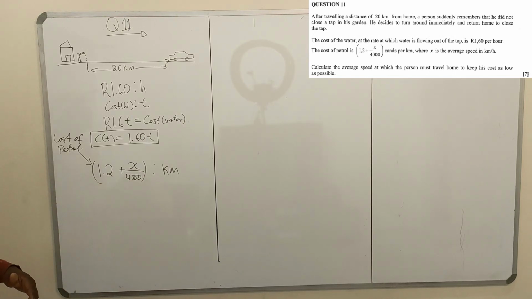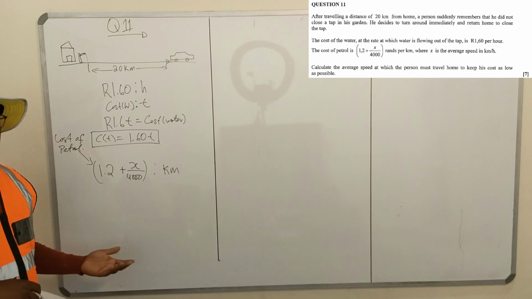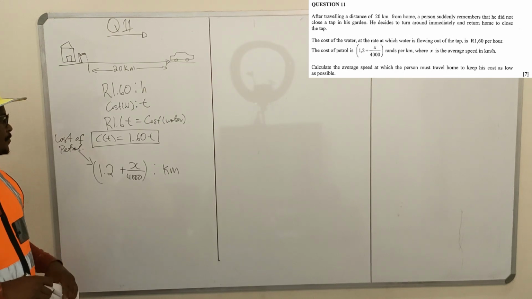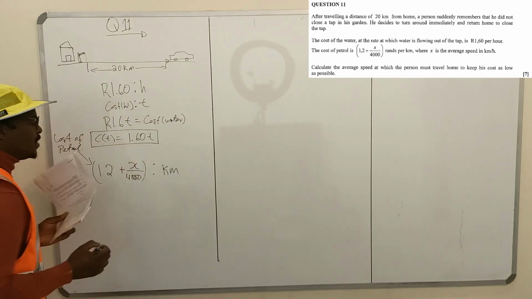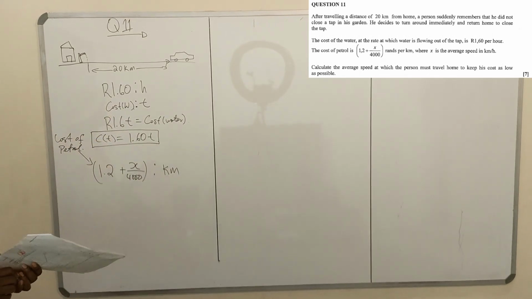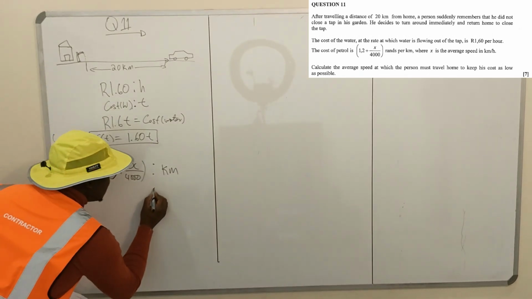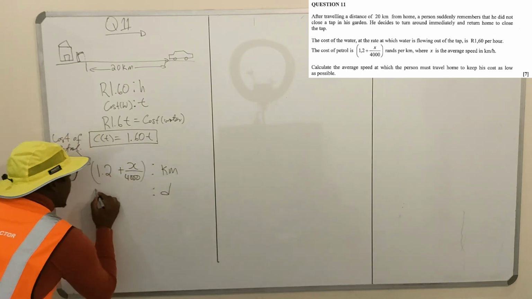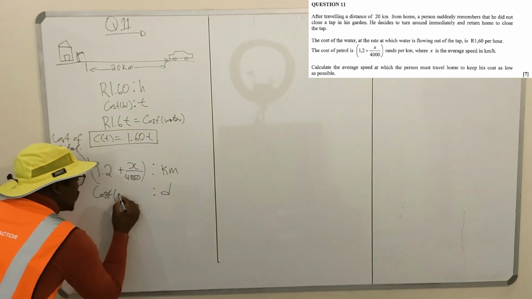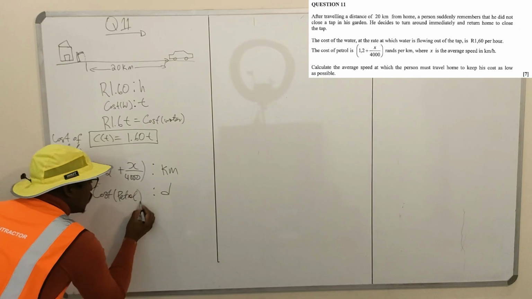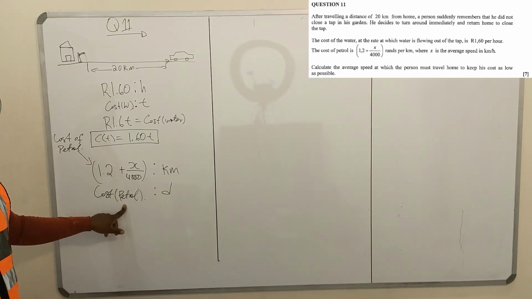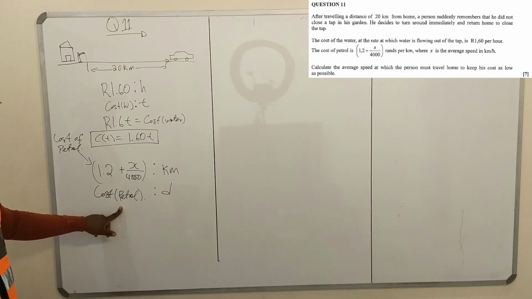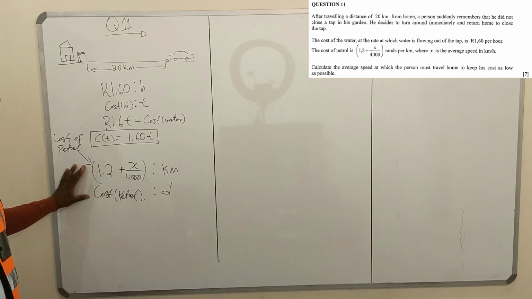So now, after certain kilometers, what will be the cost of petrol? After a certain distance, what will be the cost of petrol? So this will give us the cost of petrol.